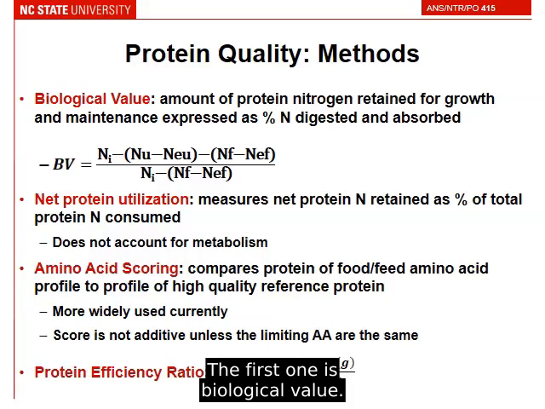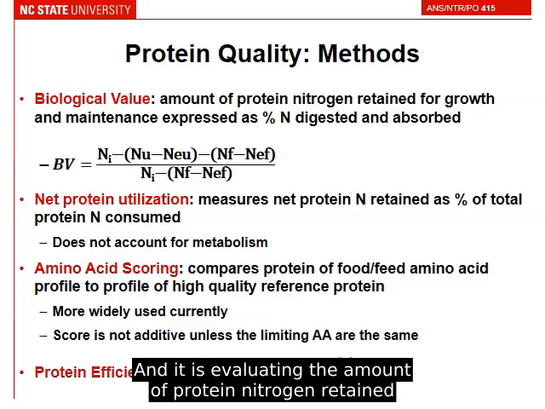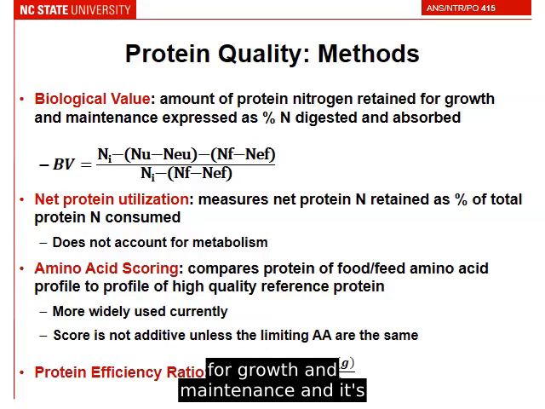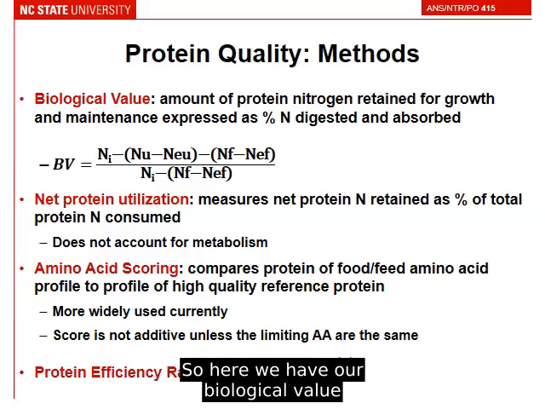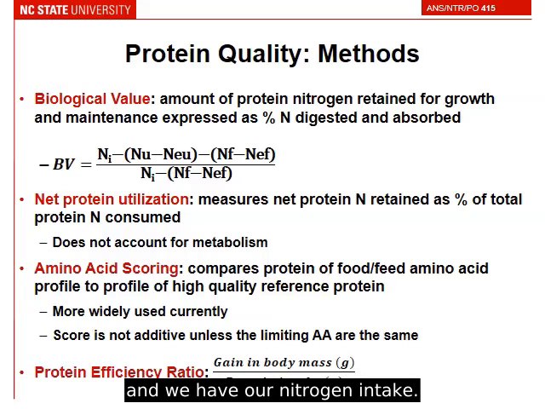The first one is biological value, and this is used pretty commonly, and it is evaluating the amount of protein nitrogen retained for growth and maintenance, and it's expressed as a % nitrogen digested and absorbed. So here we have our biological value, and we have our nitrogen intake.